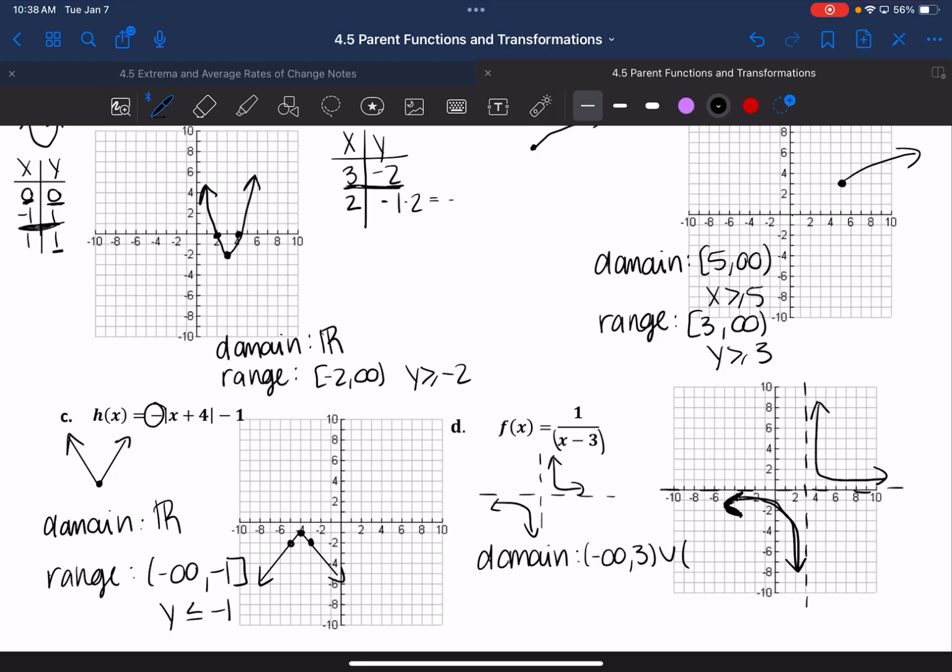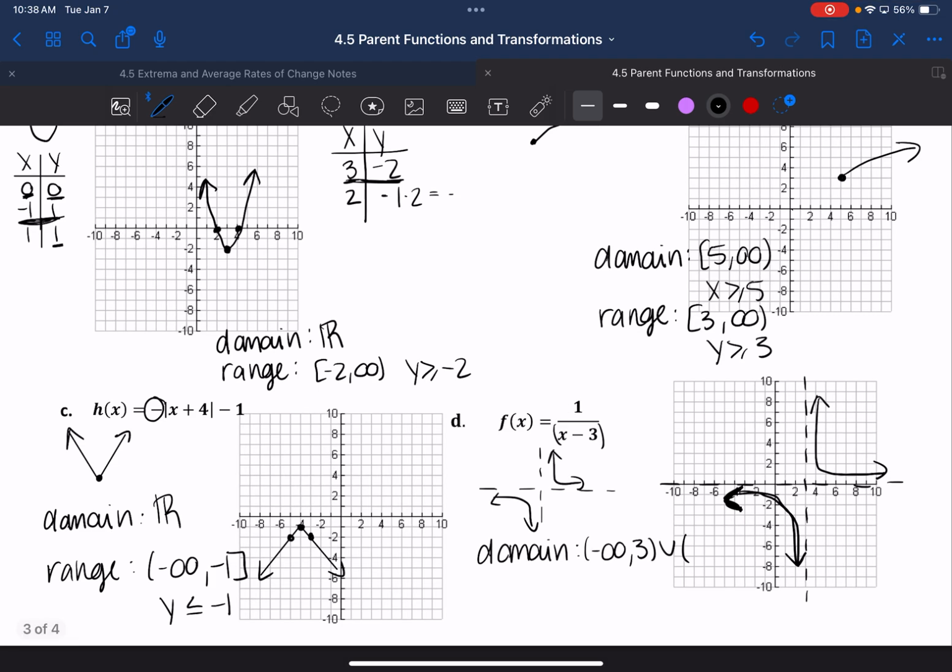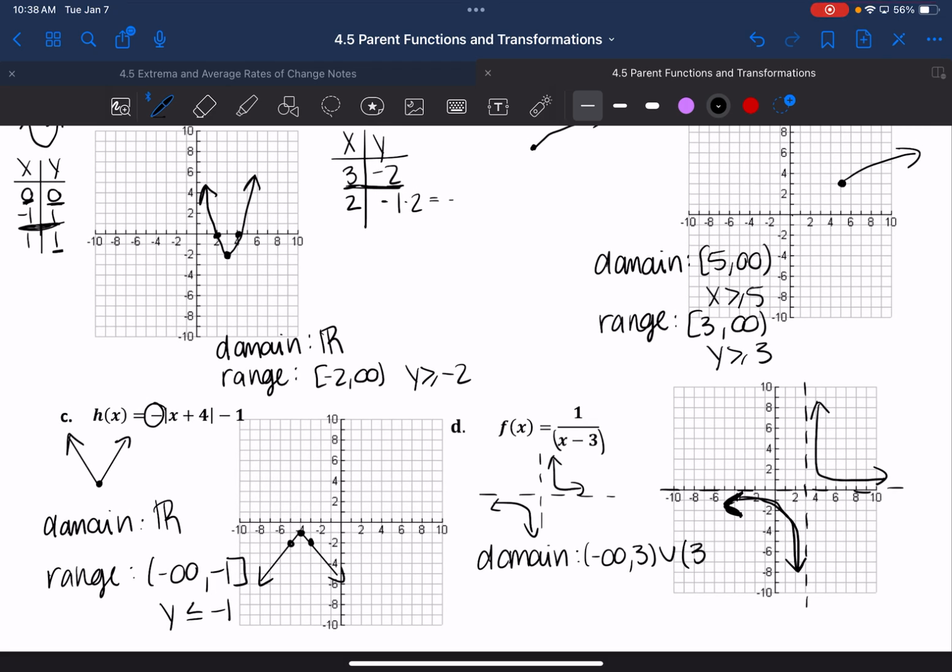And then it stops, but it's going to pick back up again, right? So it's going to go from 3 off to infinity. All right, what about for the range? How would I write the range? Same thing, but I trade out the 3's for the other number, because my range is my up and down. So this time we're looking at the horizontal asymptote there. Very good.